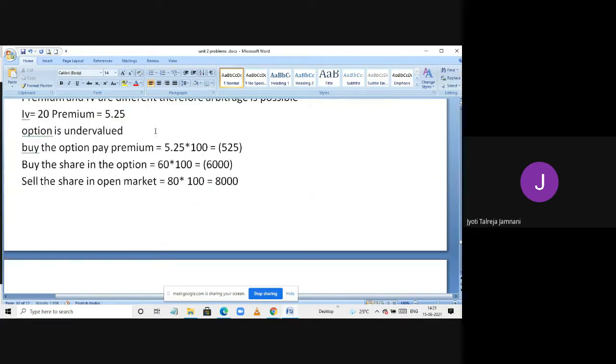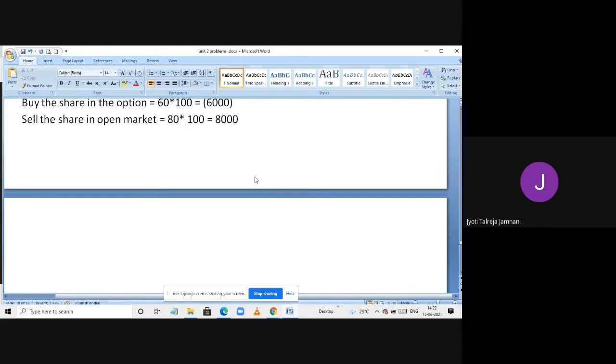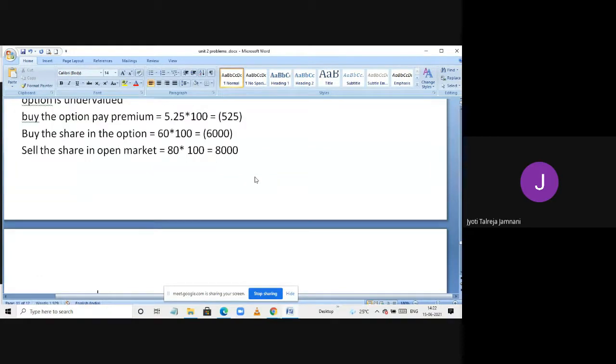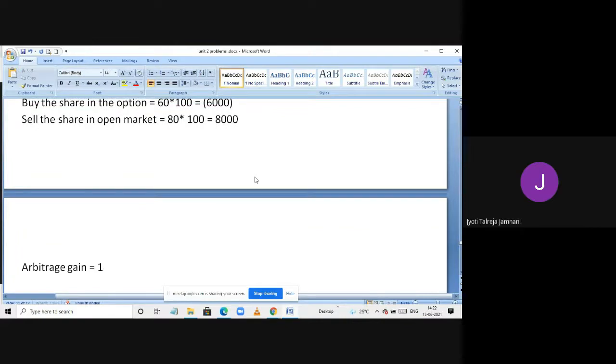So you have paid 525, you have paid 6,000, and you have gained 8,000. So 8,000 minus 6,525, what is the arbitrage gain? 1,475, ma'am. 1,475.